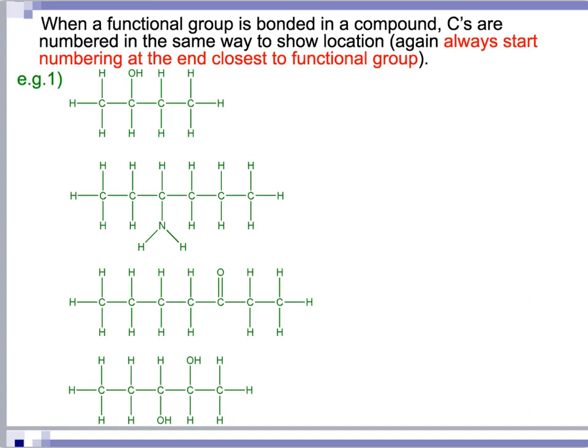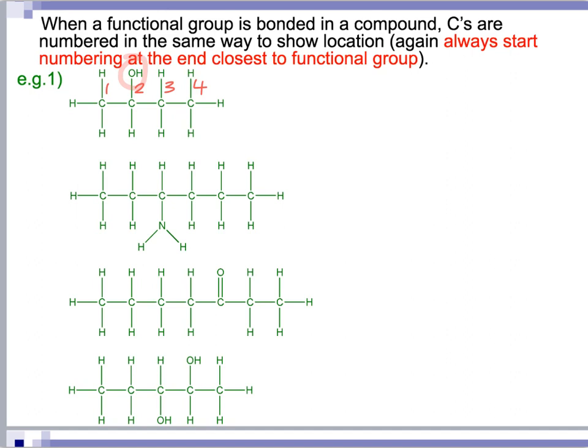When we have a functional group like the ones you've been identifying, we are going to do the exact same thing, numbering the carbons to show the location, starting with the number closest to the first point of interest. So if we look at this first example, the alcohol group that is right here is closest to the left. So I would number 1, 2, 3, 4.